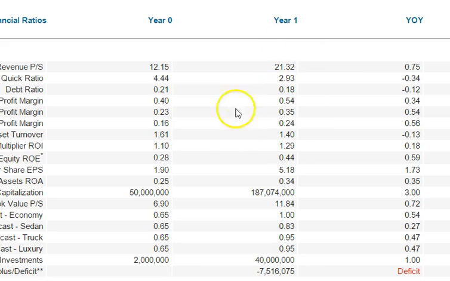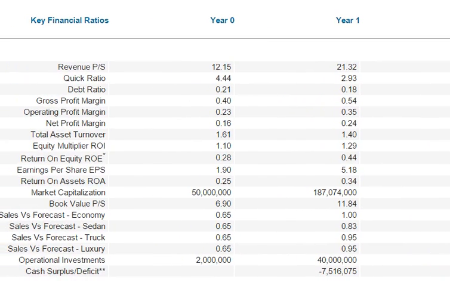Okay, so here's a demo that I ran of the Zoom simulation, and we see that we have our financial ratios here, many of them the same that we're going to have in the textbook. And I have year 0 and then year 1.